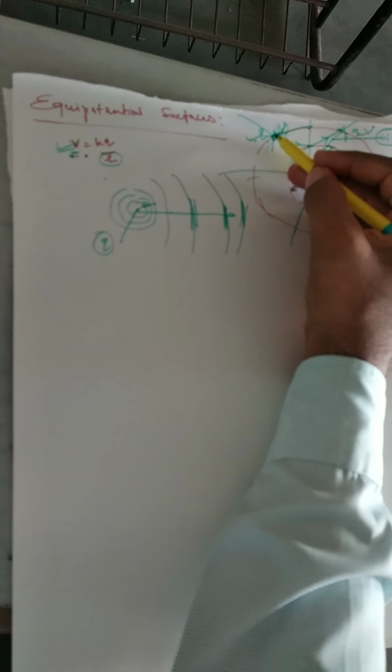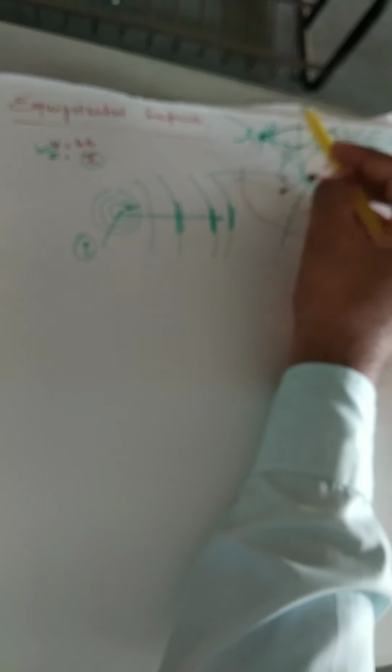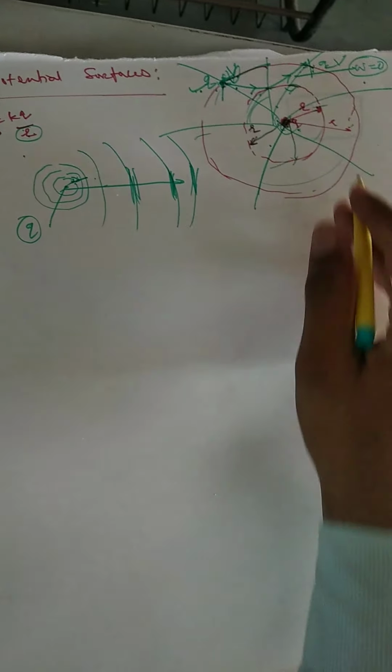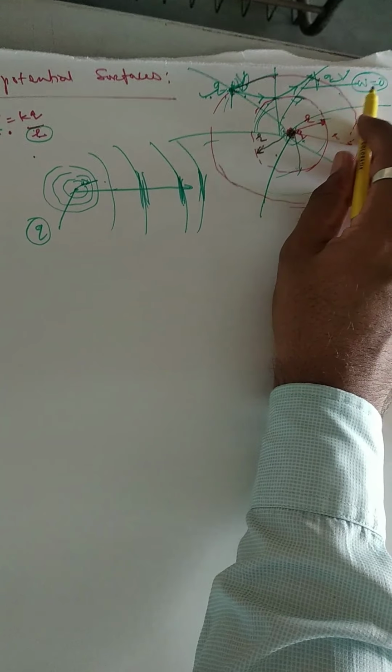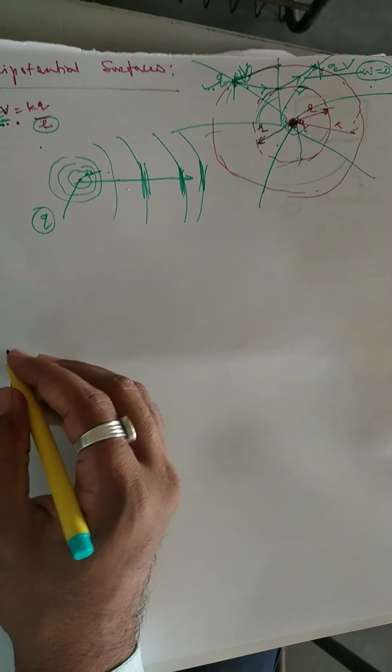And to bring the charge from one point to another on the same equipotential surface, the net work done will be equal to 0. Clear? So that was the concept of equipotential surfaces.